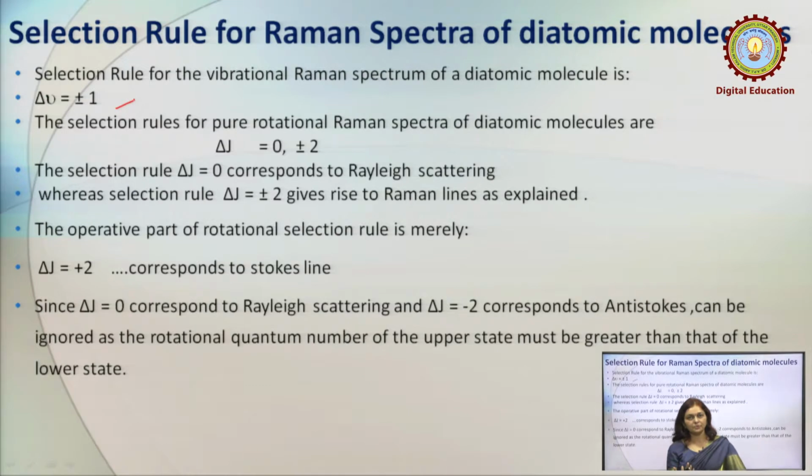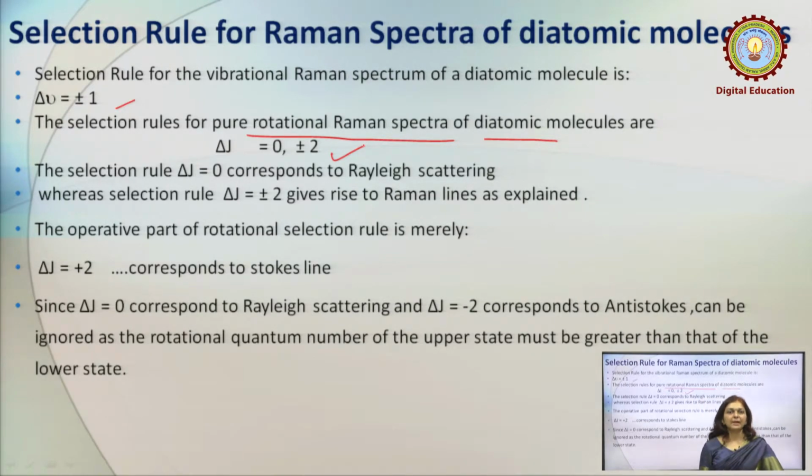It may be absorption or it may be emission. But the selection rule for pure rotational Raman spectra of a diatomic molecule is delta J equals 0, plus minus 2. Delta J equals 0 corresponds to the Rayleigh scattering, whereas delta J equals plus minus 2 gives rise to the Raman line.